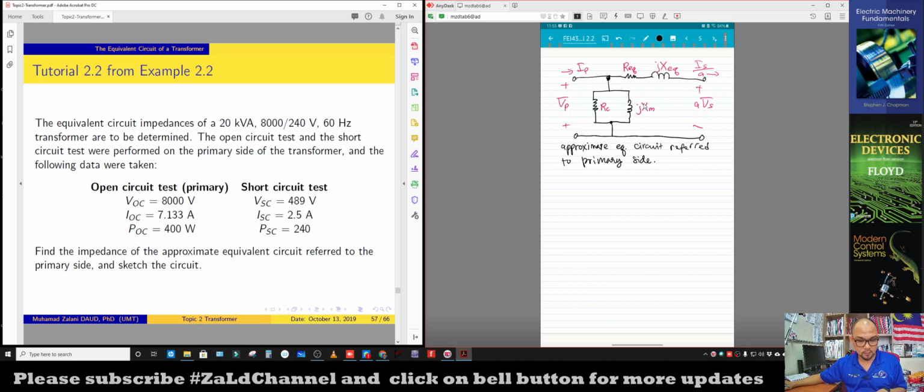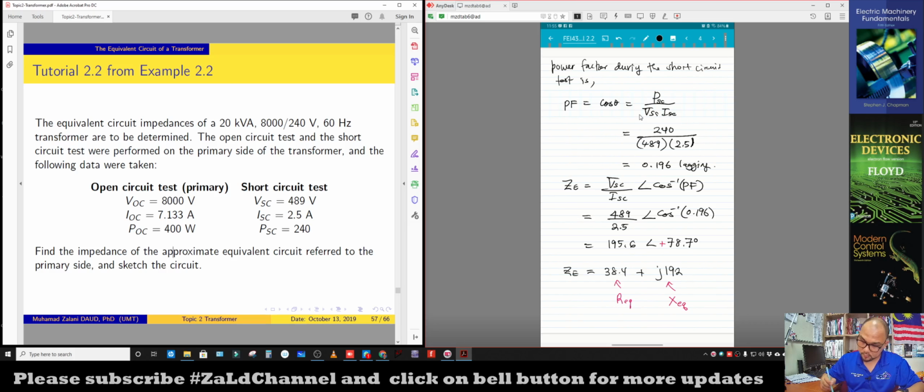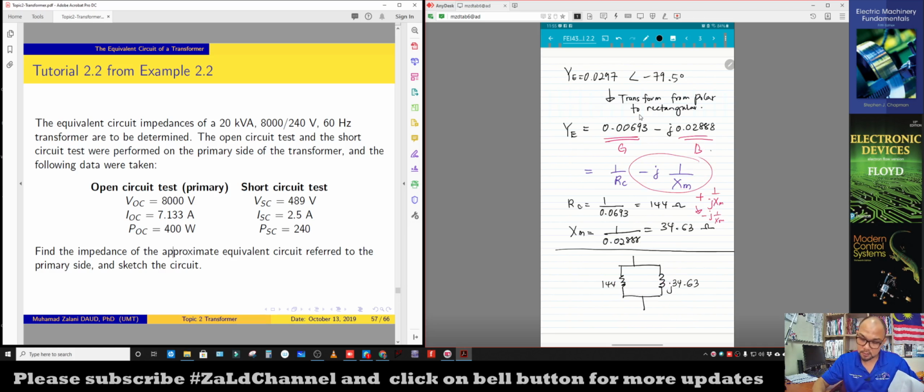From ZSE just now, we have REQ. Sorry, this one we have already got from our calculation.